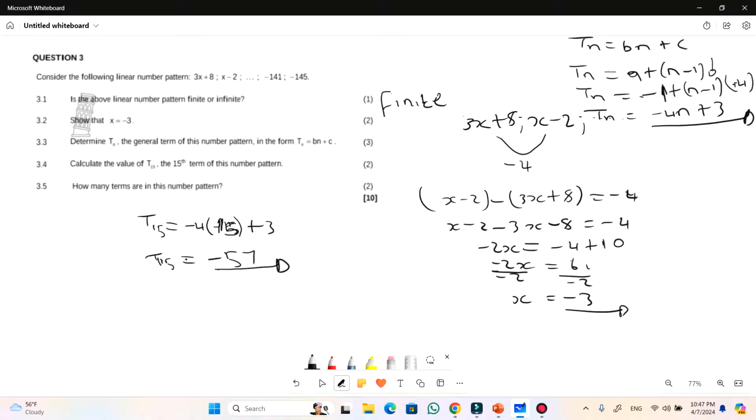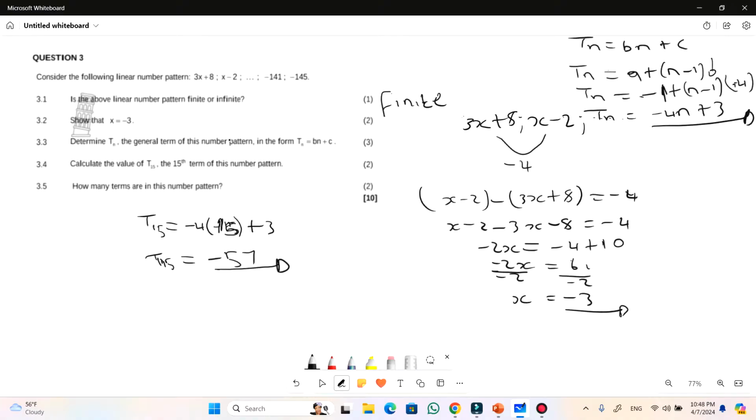Right, now let's look at the next question. Our next question says how many terms are in this number pattern. They could never ask this question if our equation there was infinite.